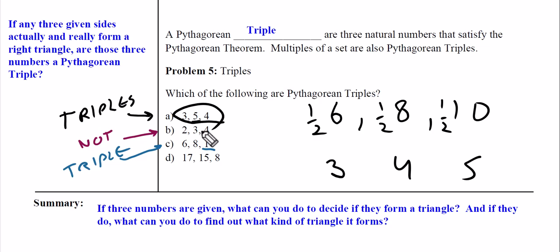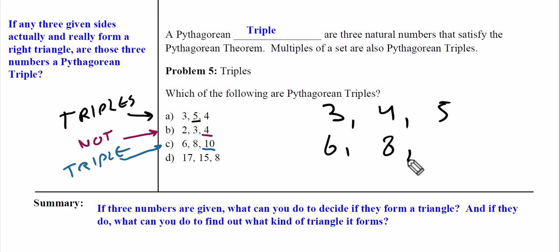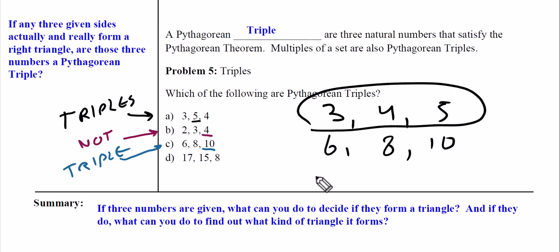If you know that a set of numbers is a triple, and you multiply them by a number, then that makes it a triple as well. So for example, we know that 3, 4, 5 is a triple. If you double those, you get 6, 8, 10. That's also a triple. What if you tripled these? That would be 9, 12, 15. That's also a triple. So any multiple of a triple that you know is also a triple.